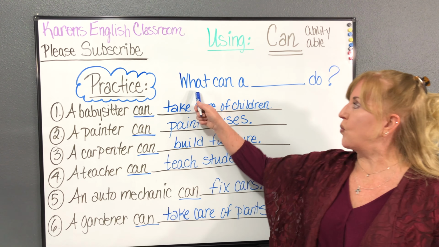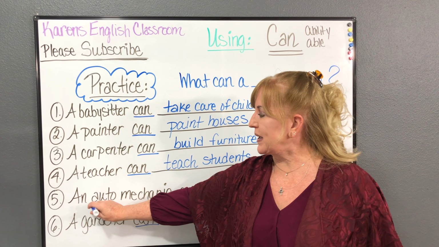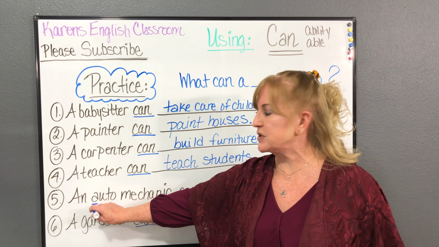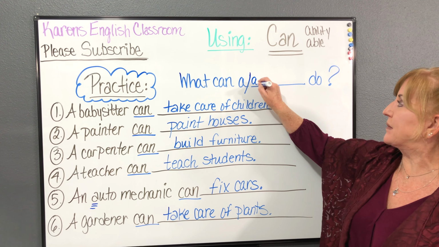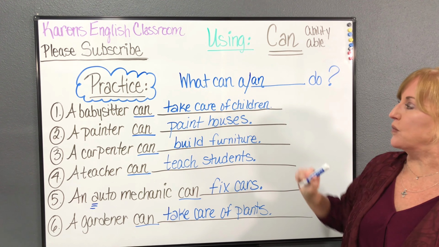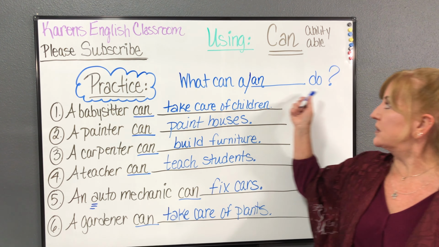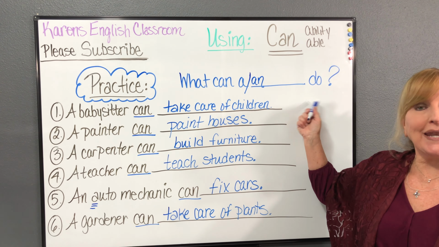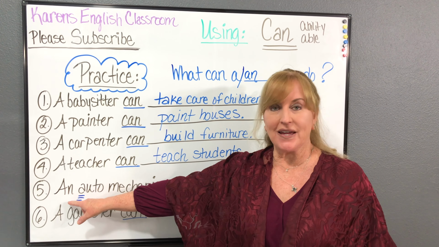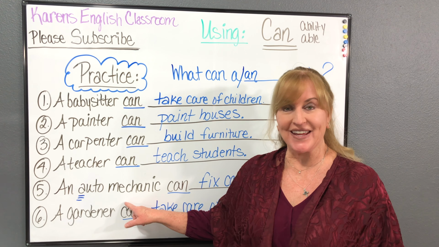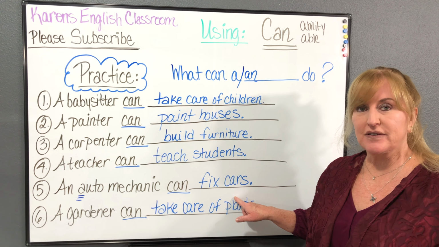Number 5, what can an, okay, so remember, we have an A here, which is a vowel. So now we have to put an. What can an auto mechanic do? An auto mechanic can fix cars.